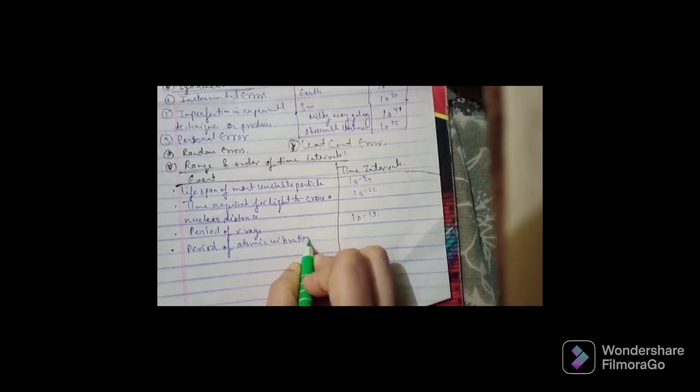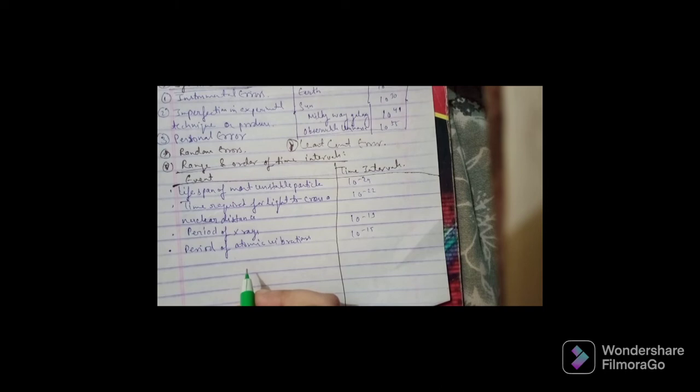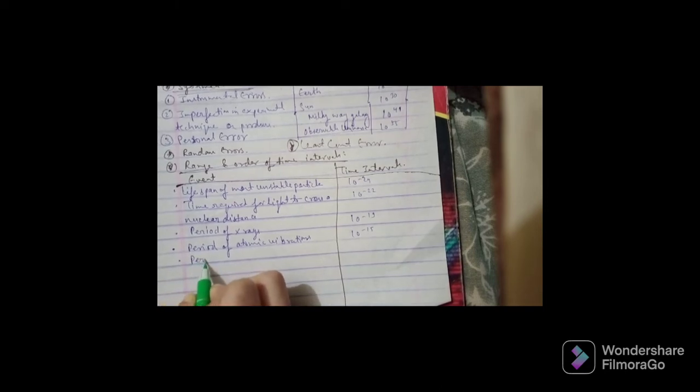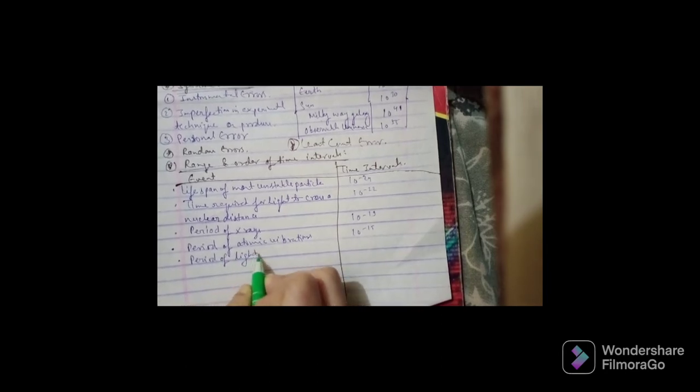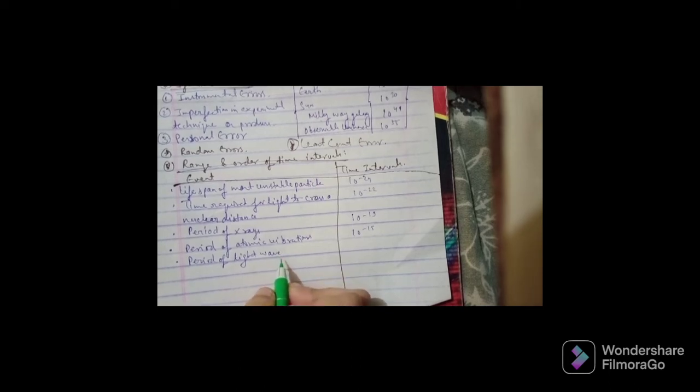Period of atomic vibrations, that is 10 to the power minus 15. Period of light wave, 10 to the power minus 15.